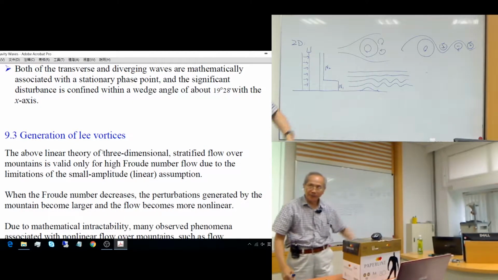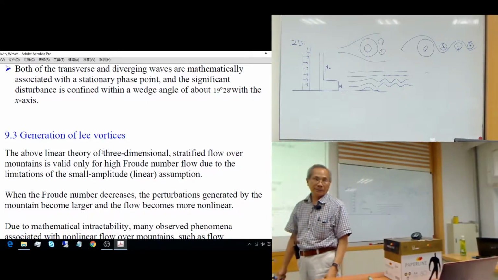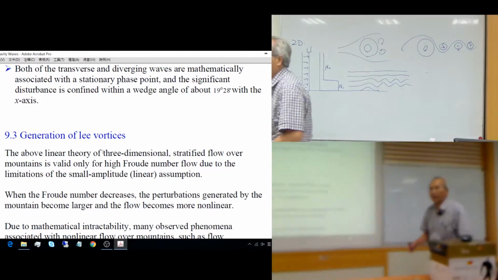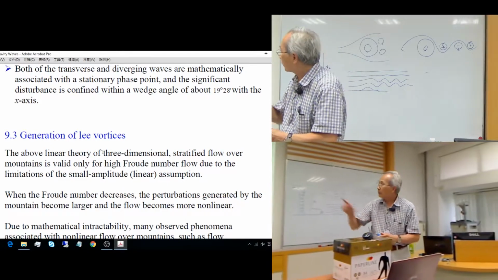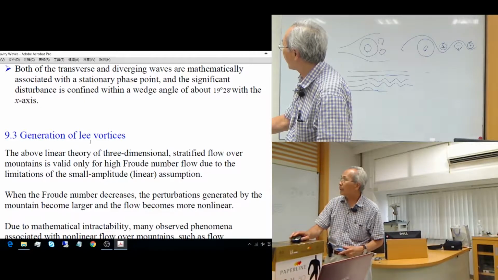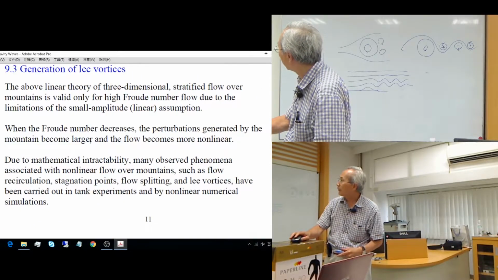This is called von Karman vortex shedding. These phenomena are going to be studied in section 9.3, generation of the vortices.